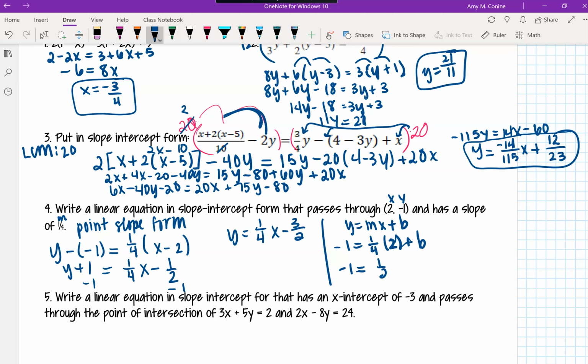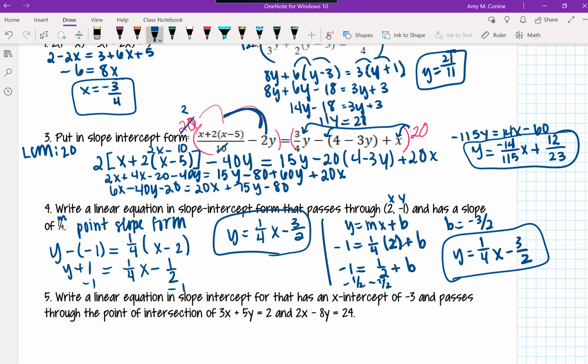So this is 1/2, and adding b, subtract the 1/2 over. So now b equals -3/2. Then the extra step is just being able to write it as the equation that it wants. So same answer, two different ways.